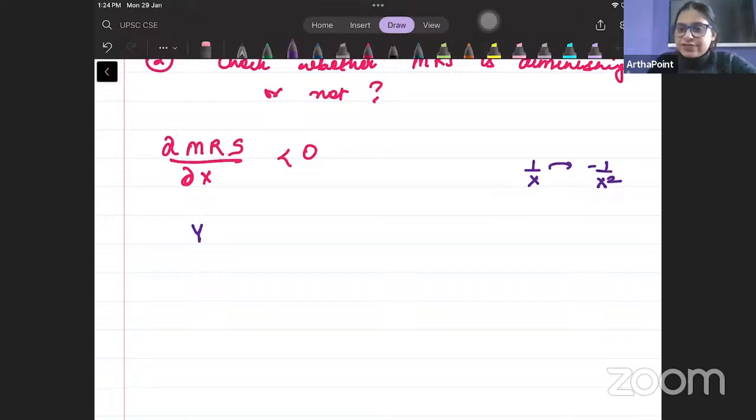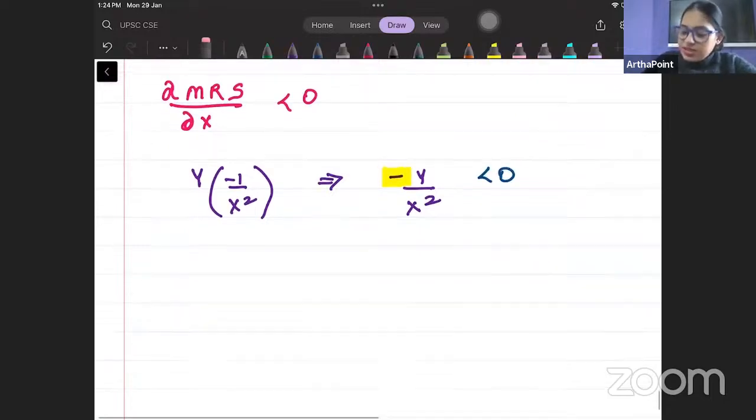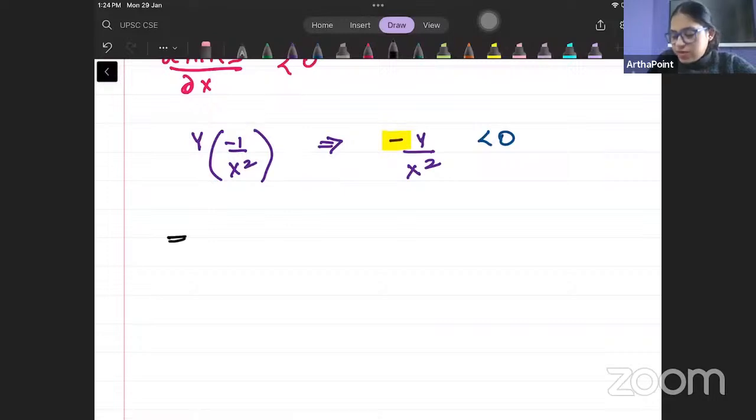So the final answer will be -y by x square. There is a negative sign here. It is less than 0. If it is less than 0, it means that I have diminishing MRS.